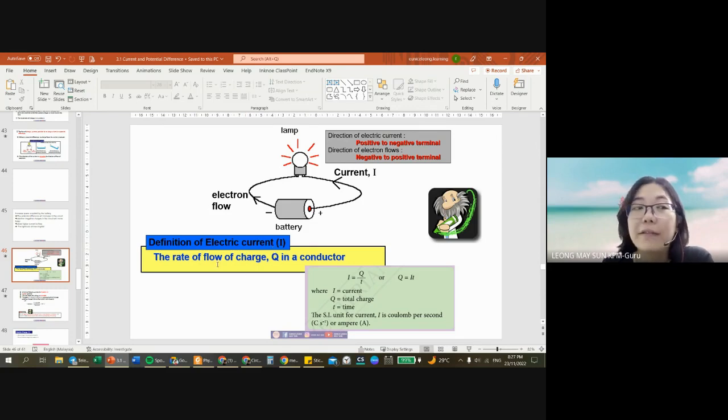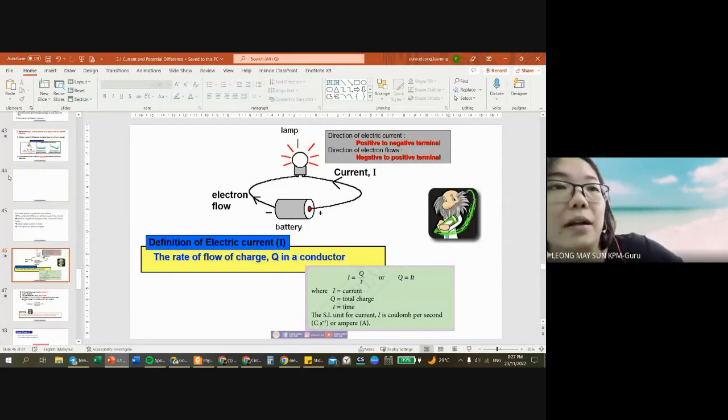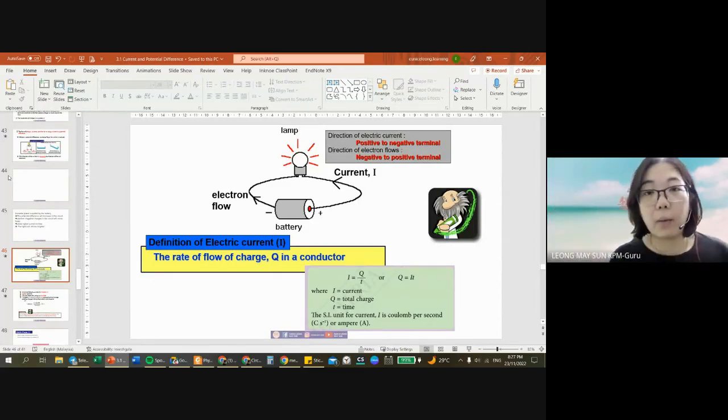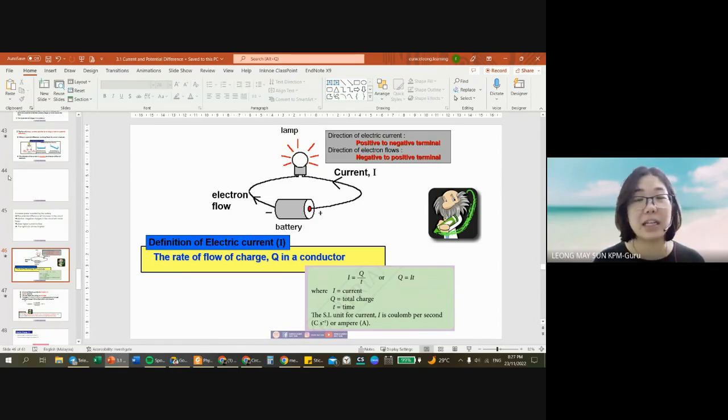So is it possible for positive charge to flow in the circuit? Possible, but very unlikely. It means it's very difficult. Why is it difficult? Because normally the ones that move around easily are free electrons. You know that for electrons at the outermost orbit, the attraction force from the nucleus is very, very weak.